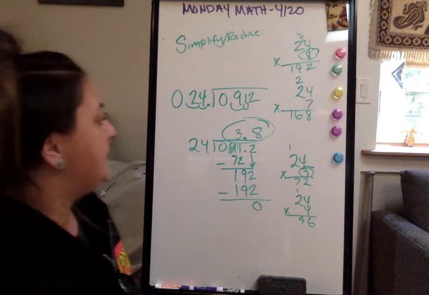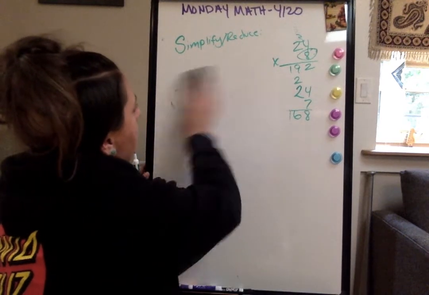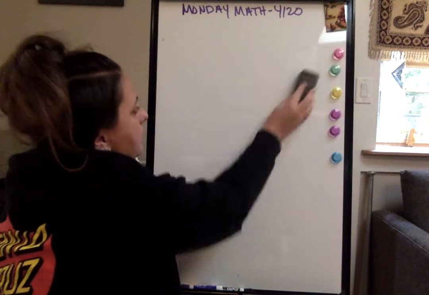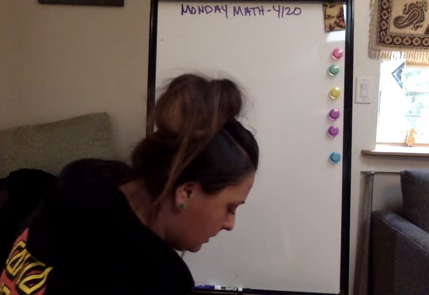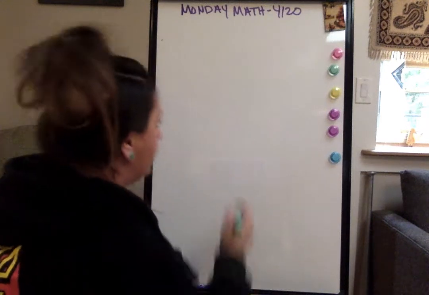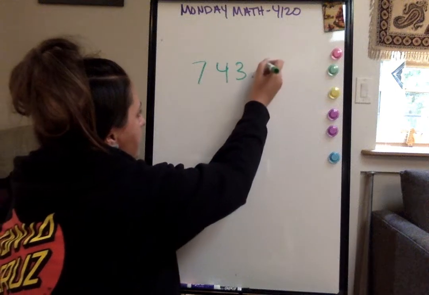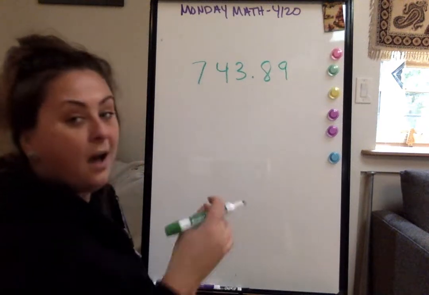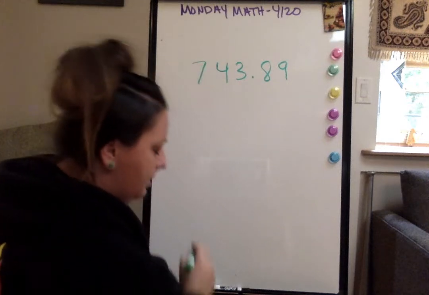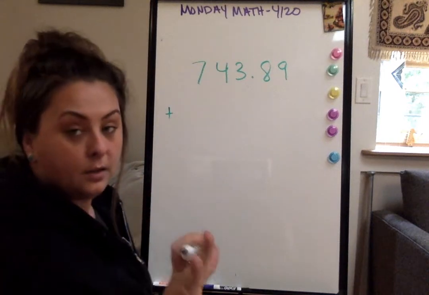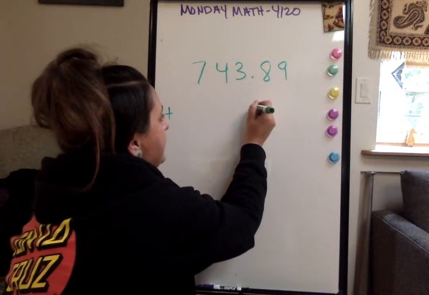Next problem is addition of decimals. Okay, so we've got 743 and 89 hundredths plus, now here's the thing, when you're adding decimals, the decimal point has to line up.